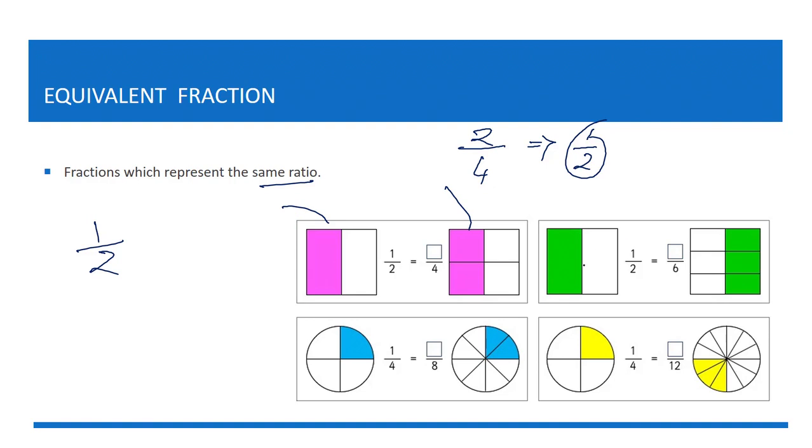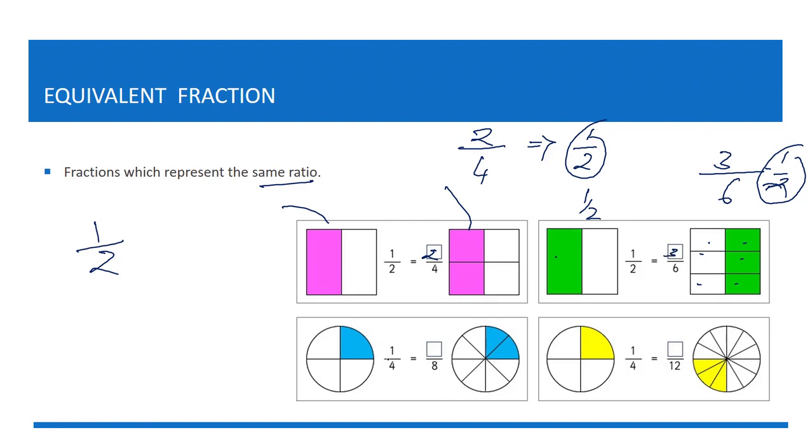Now, in this case, 1 by 2 is there, but here there are 6 equal parts, and how many parts do you have? 3. If you simplify it, 3 1s are 3, 3 2s are 6, 1 by 2. This is called an equivalent fraction. See, this is 2 by 4, here 3 by 6.